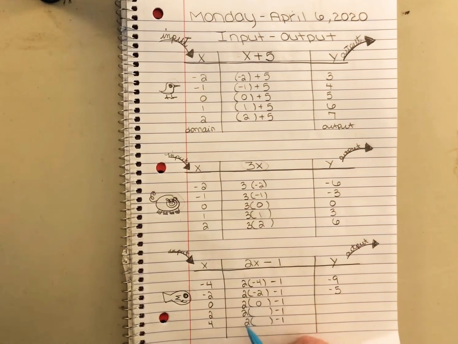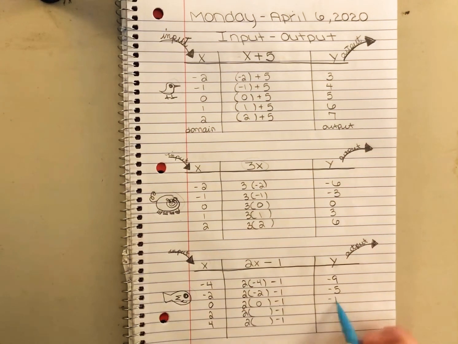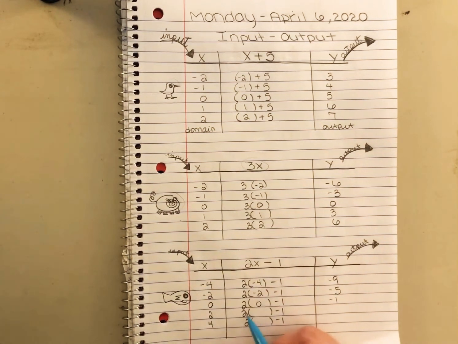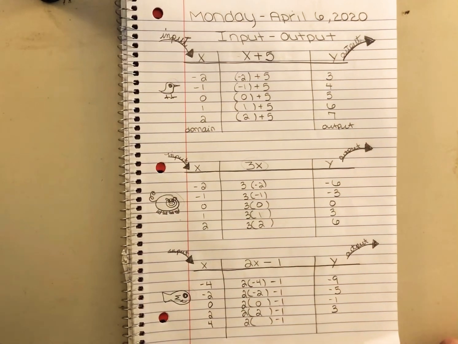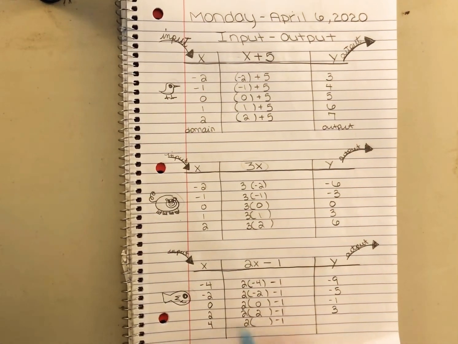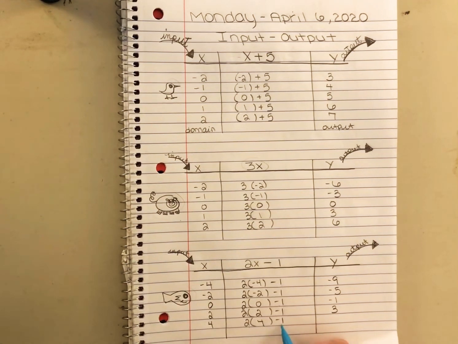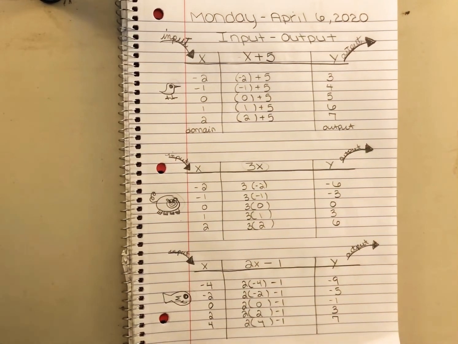I'm going to input 0. 2 times 0 is 0, minus 1 is -1. When I input +2, we're looking at 2 times 2, which is 4, minus 1, and that's 3. And finally, I have one more. I'm going to plug in a 4. 2 times +4 is 8, minus 1 is 7.